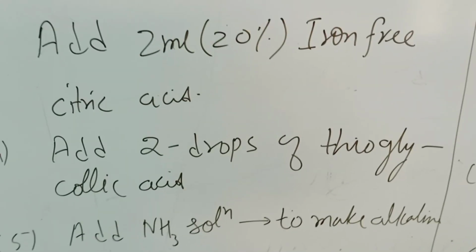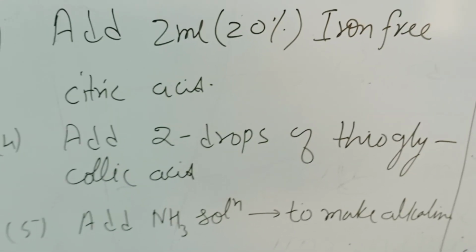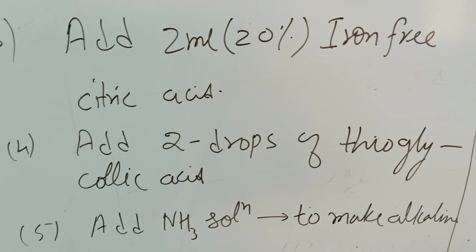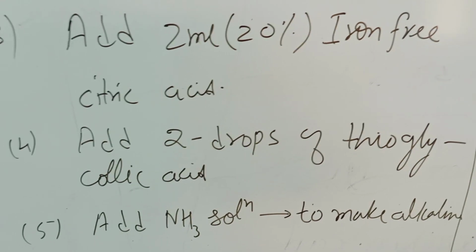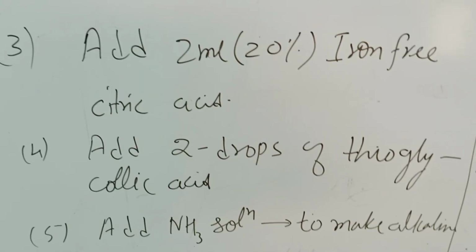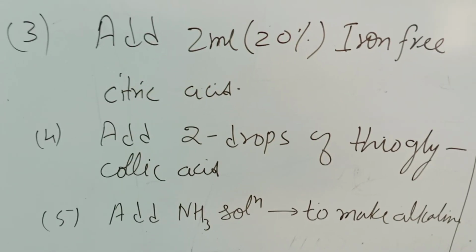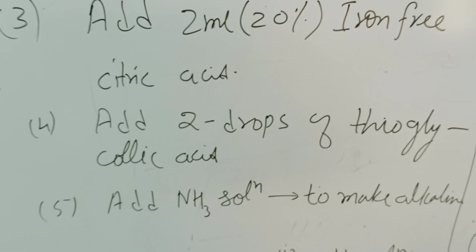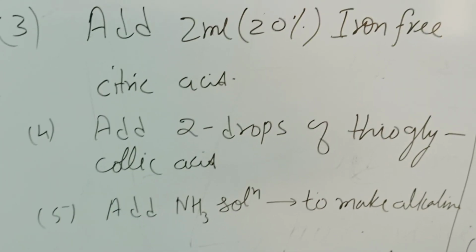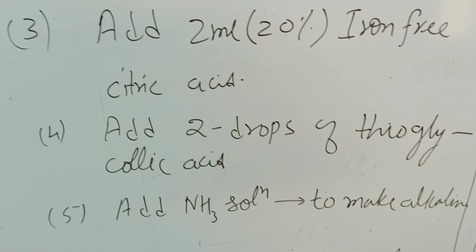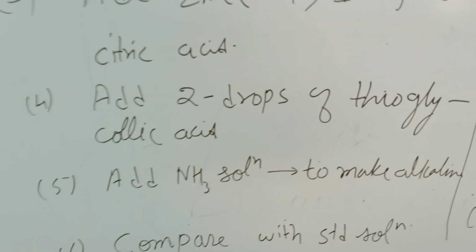Once we get an alkaline pH, as the pH of the solution moves from acidic towards basic, if iron is present in the sample, we will get a pink color, and the intensity of that pink color is directly proportional to the net quantity of iron present in the sample.